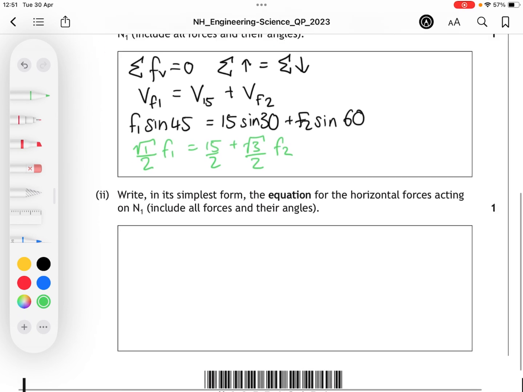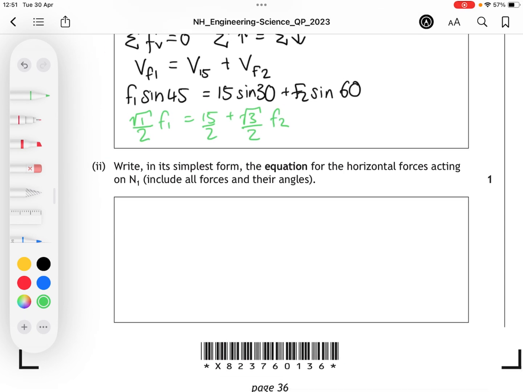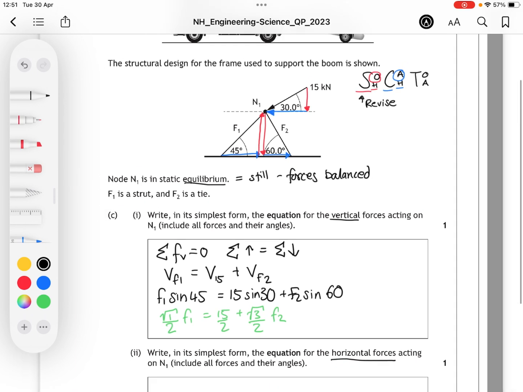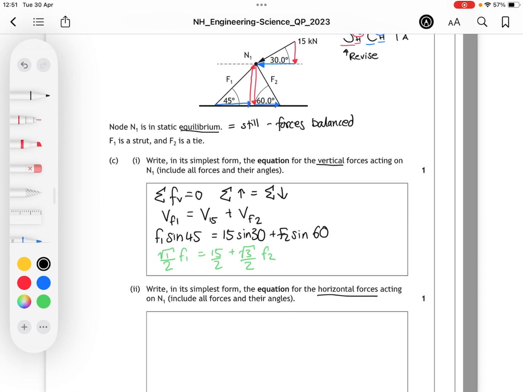Now when we come down to part double I, we're asked for the equation in its simplest form for the horizontal forces. Now those were the blue lines I was talking about here. I'm just going to zoom out so that we can see it as we do it. And we'll say that our sum of horizontal forces is equal to 0, and that means that the sum of forces that are going to the left have to be equal to the sum of forces going to the right.